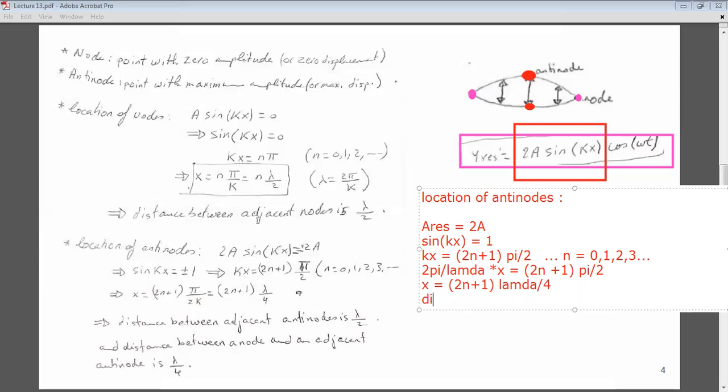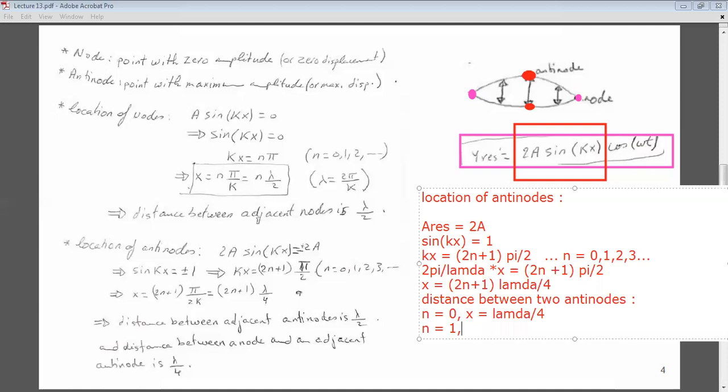Now the distance between two adjacent antinodes. For example, n equal to 0 will give me x equal to lambda over 4. n equal to 1 will give me x equal to 3 lambda over 4.